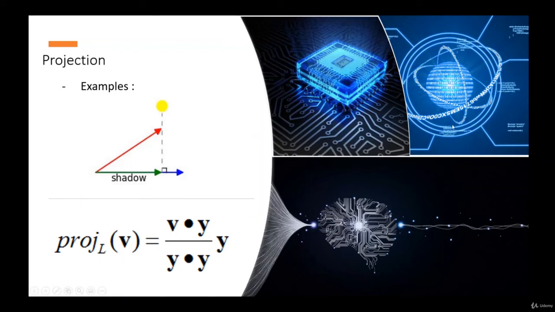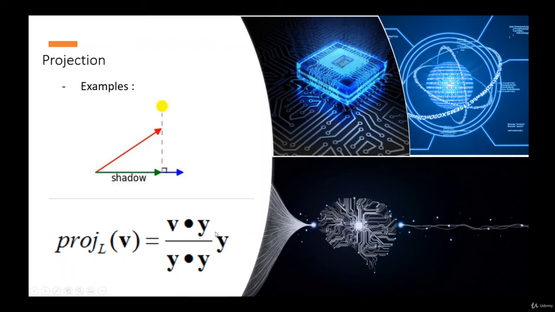Before we start, understand that the first part of the formula, the division, will be a scalar. In other words, this is just one number. We'll calculate V multiplied by Y, and here we'll have Y to the power 2, and we'll simply divide this part of the formula by this part of the formula.